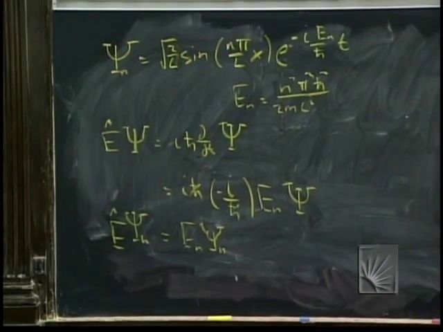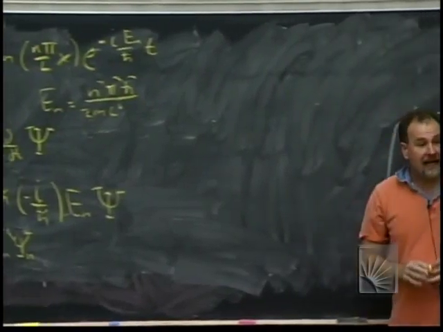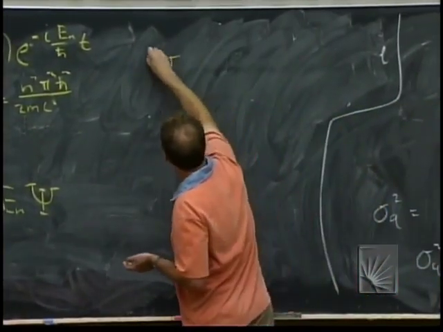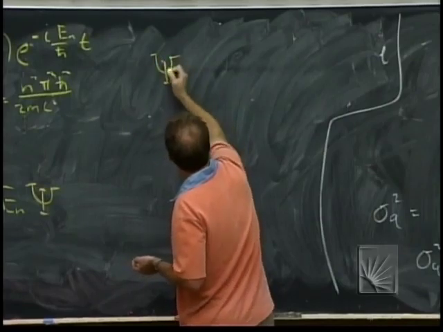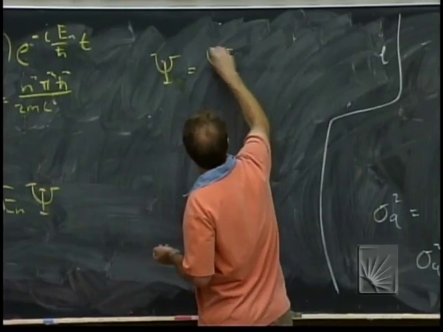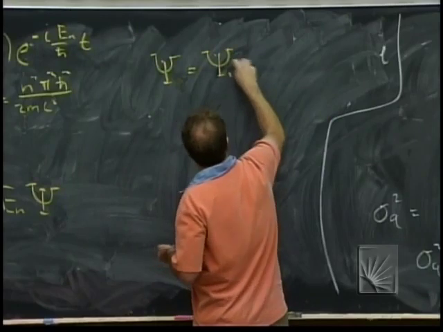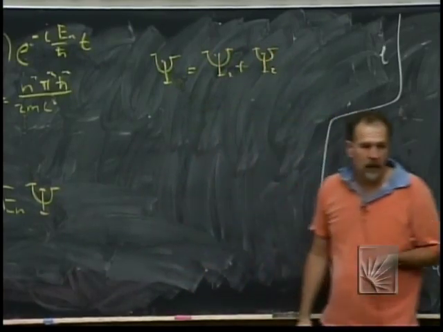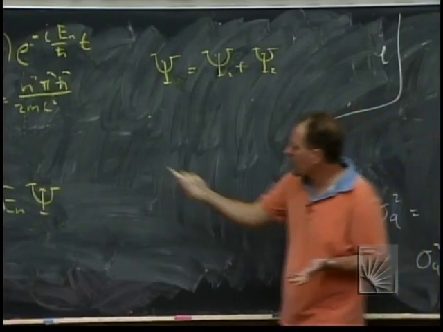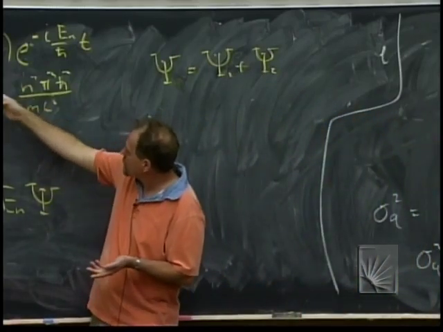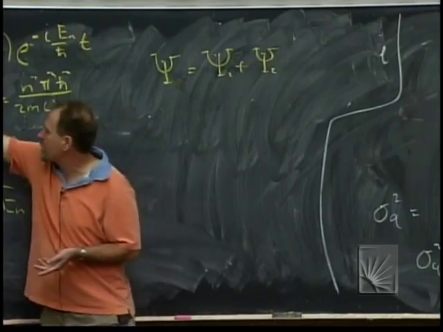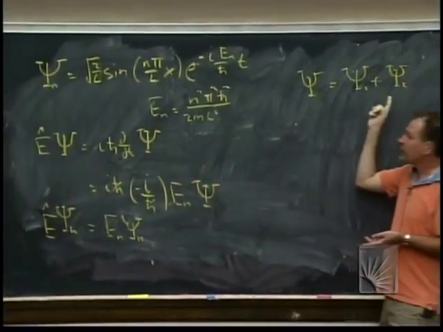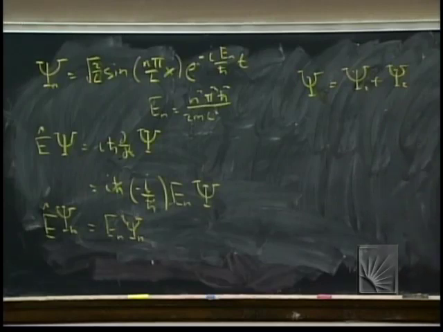A final little comment here: I can construct a wave function, suppose psi equals psi 1 plus psi 2. I just literally take psi 1 with some coefficient, maybe I could put a constant out front, with n equals 1, and then I add to it the one with n equals 2.